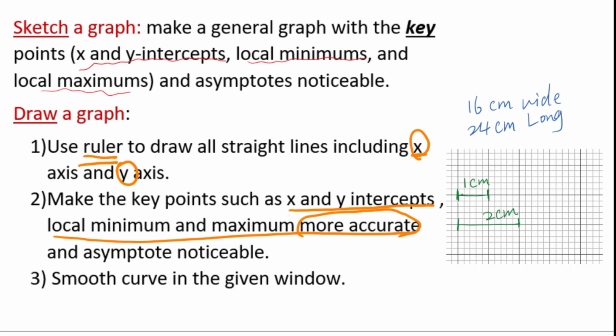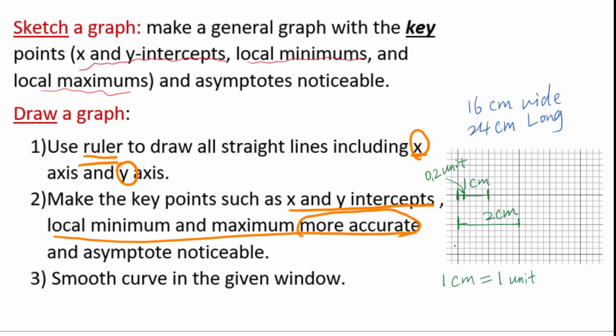There are 5 small units in 1 centimeter. If we use 1 centimeter to represent 1 unit, this small unit stands for 0.2 unit.